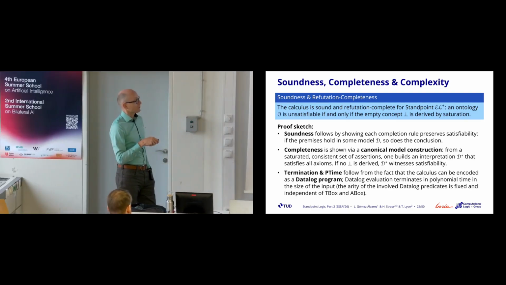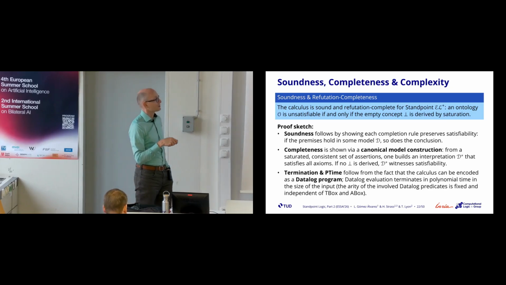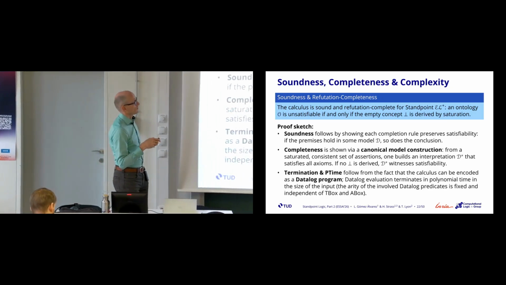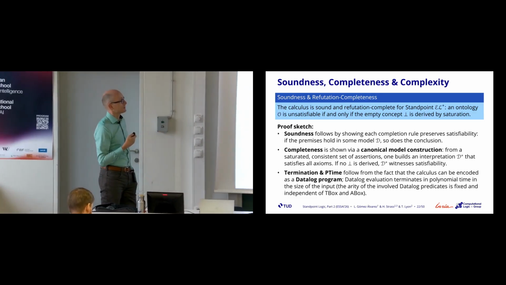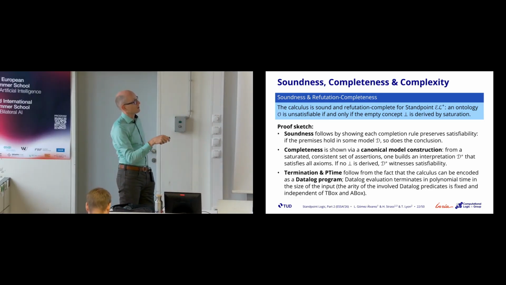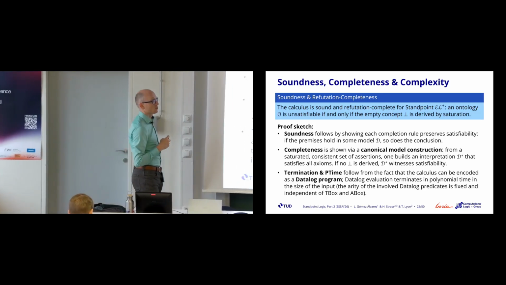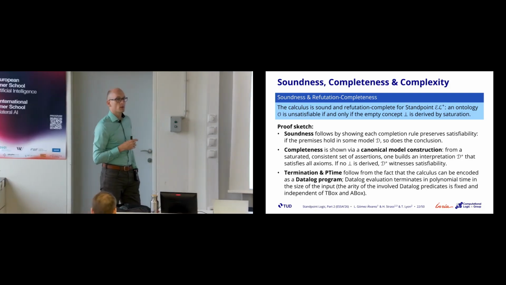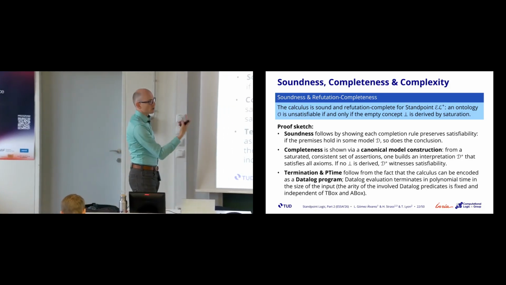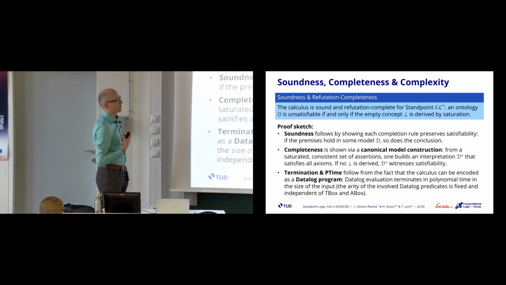And refutation completeness in this case means that whenever the knowledge base is unsatisfiable, then we will derive an explicit contradiction with our algorithm. And this is shown in the contrapositive way, if you will.